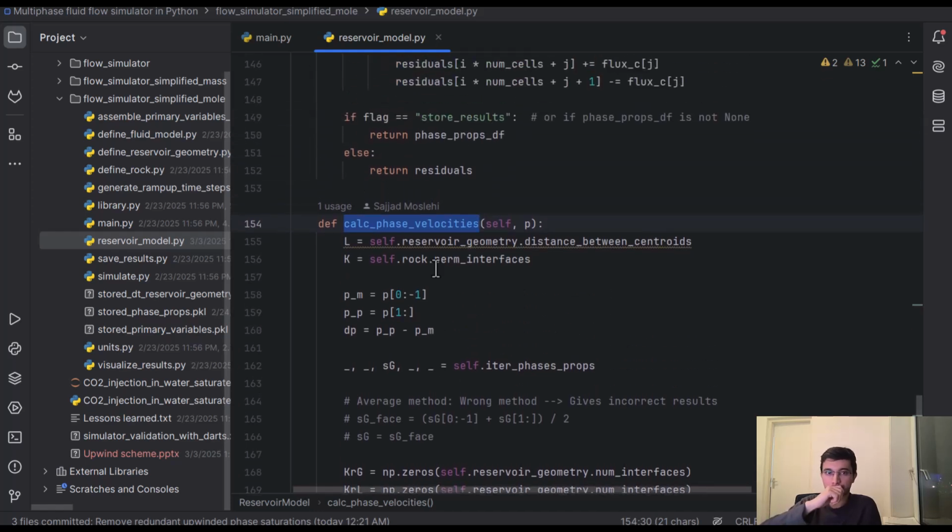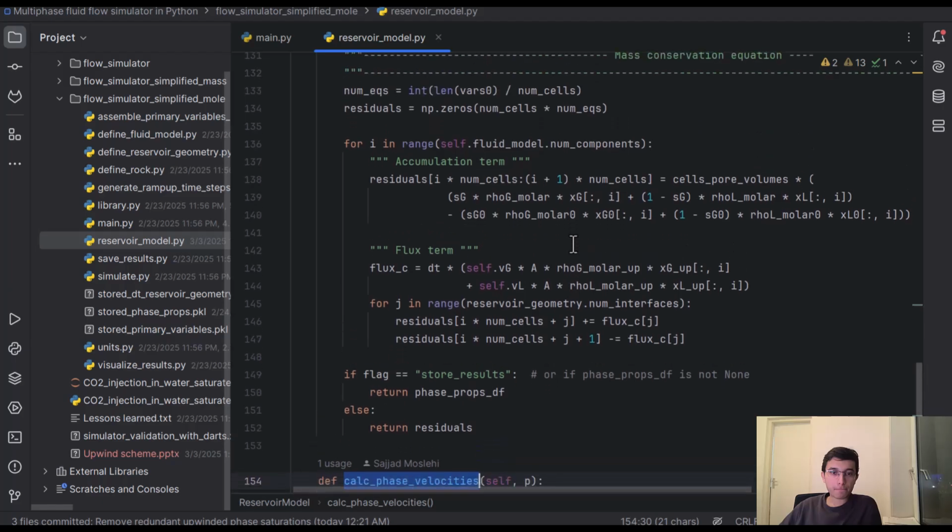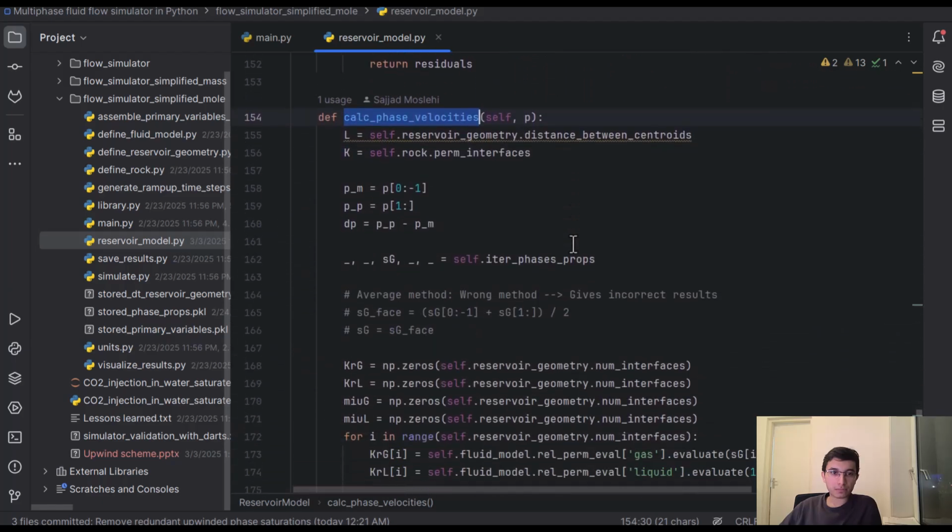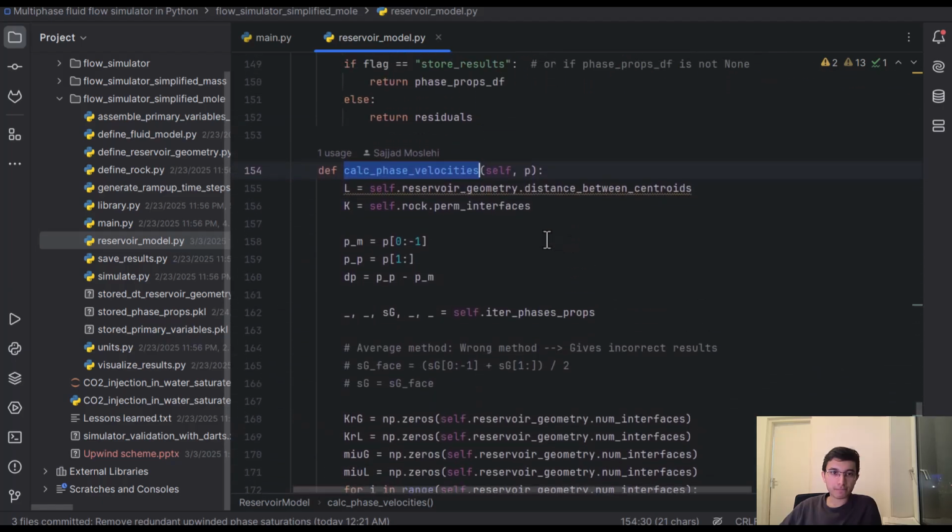And what I can show you here is that this is actually absolute permeability of rock. This is the distance between the centroids of the cells of the domain.